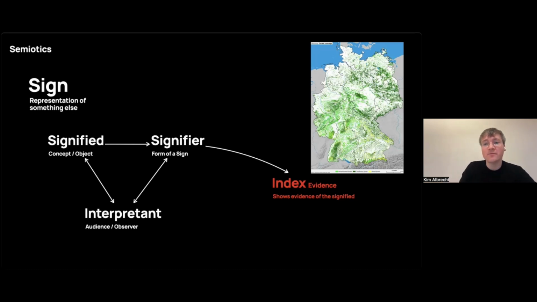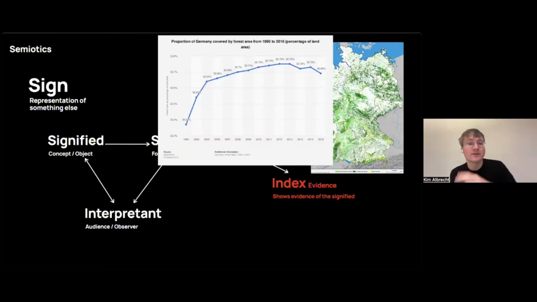So this is a map of all the trees in Germany, and this is an evolvement of trees and how much forest is basically covered within Germany by trees. So, I think these are indexical representations, and this is what information design is doing.